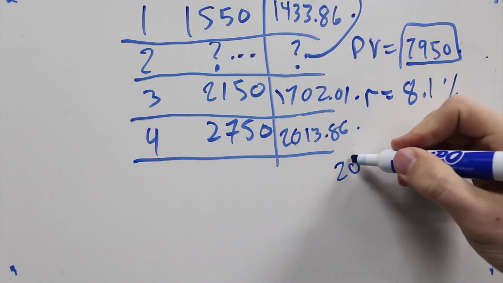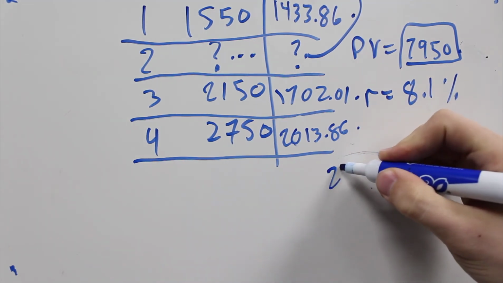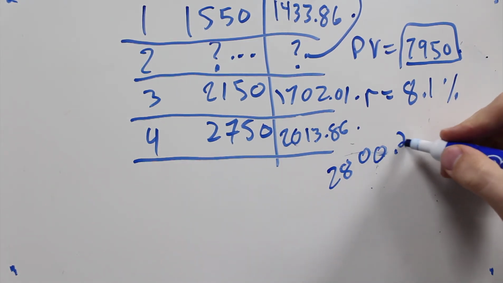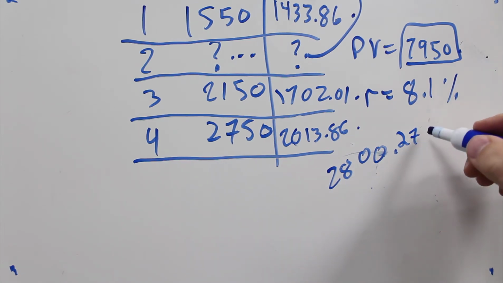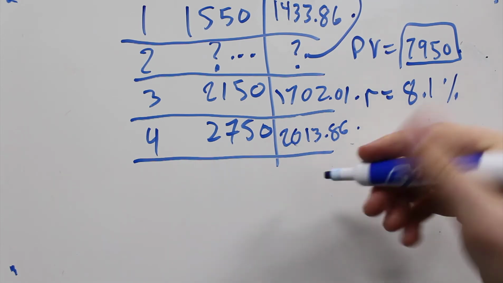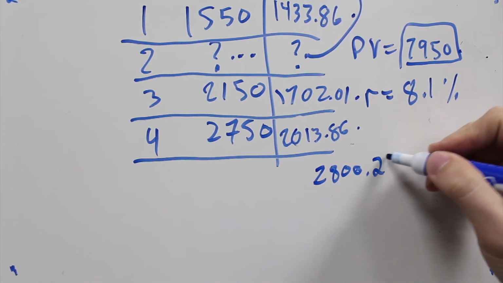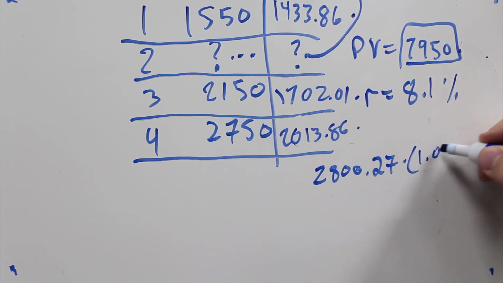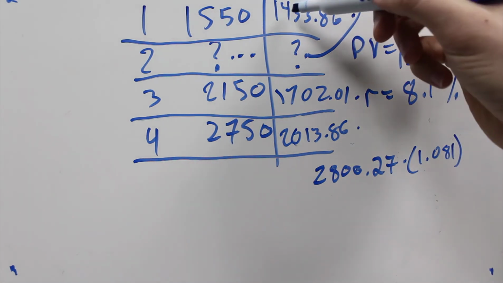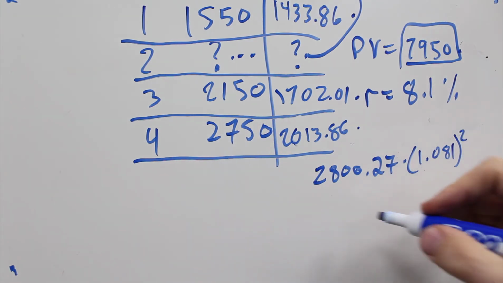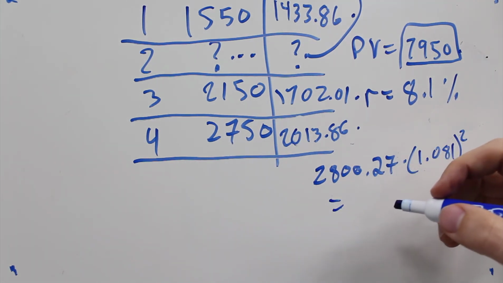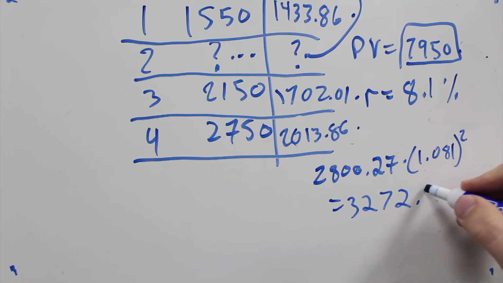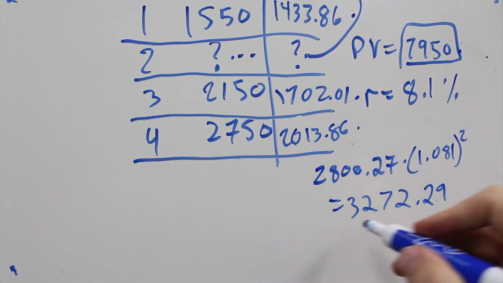So we have 2800.27, times 1.081, because we're still moving everything by 8.1%, and in this case we're moving from 0 to 1 to 2, so that's 2 years, and that will come out to be 3,272.29, and I rounded again, but that is our final answer.